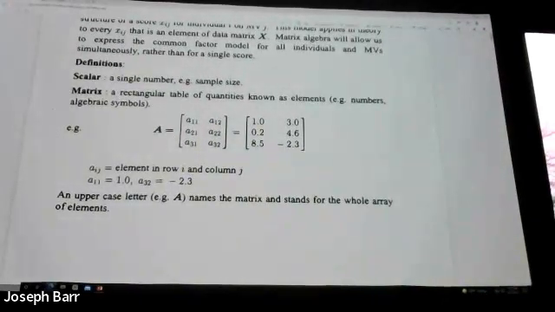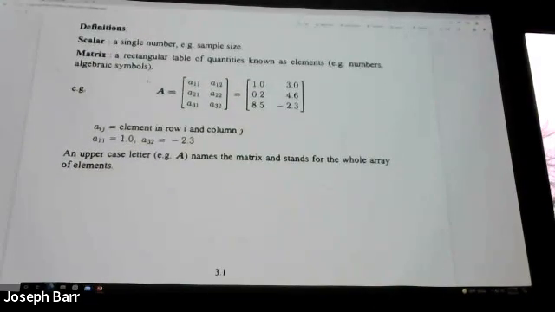A matrix is a bunch of numbers, but if we only have one number, we call it a scalar. In traditional math, we just call it a number, but we can also call it a scalar. Suppose we have a lot of numbers, then we can use a rectangular table to put all of these elements inside.